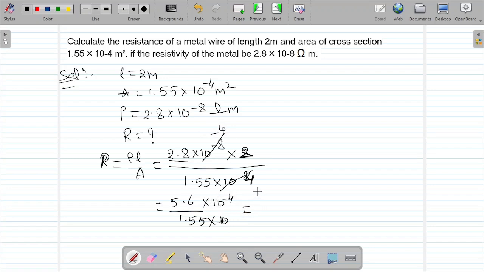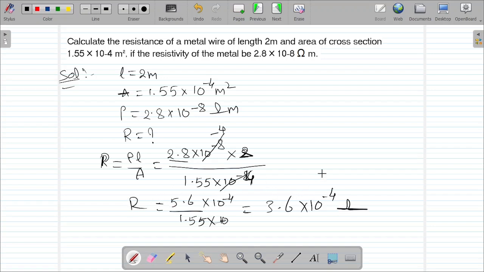So 5.6 by 1.55, how much will it be? We have to simplify. Simplification is important here. So the remaining is 3.6 into 10 to the power of minus 4 ohms. Okay, this will be the resistance.